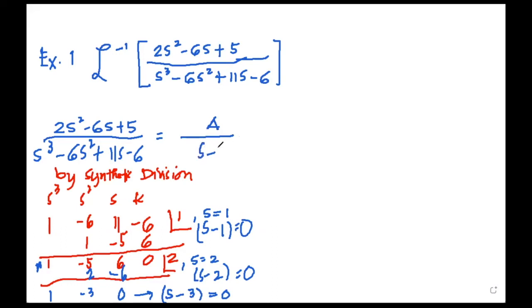So the equivalent partial fractions, the sum of partial fractions is A for the first factor, which is S minus 1. So A over S minus 1 plus B over S minus 2 plus C over S minus 3.